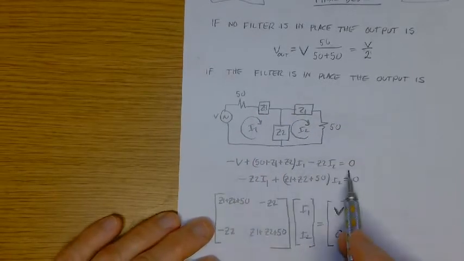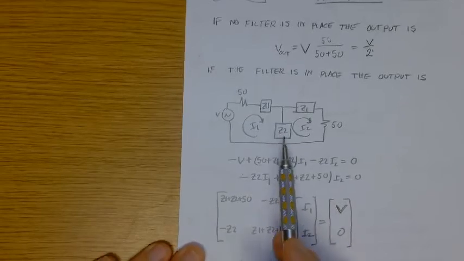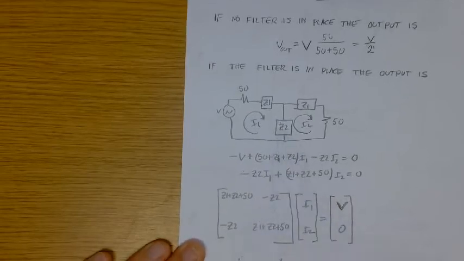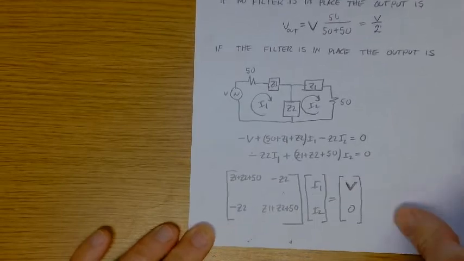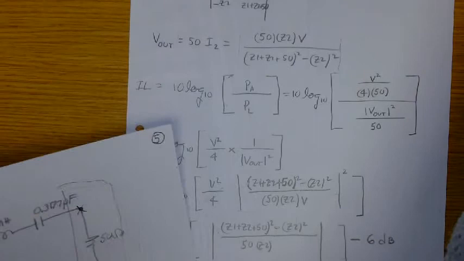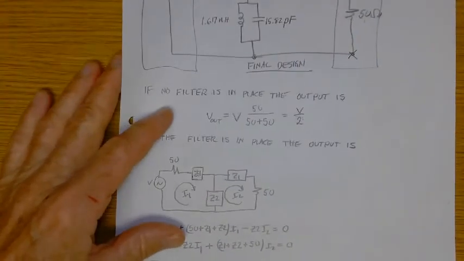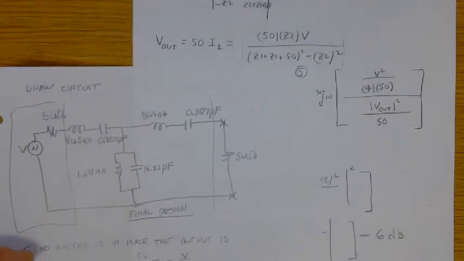So I need to solve for I2. Once I get I2, I can multiply it by 50, and that will give me the output voltage. And that'll obviously be a function of frequency.